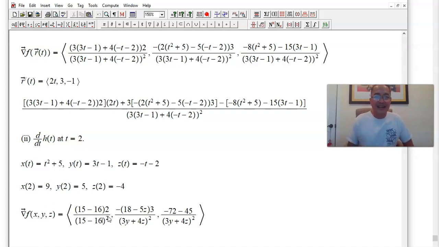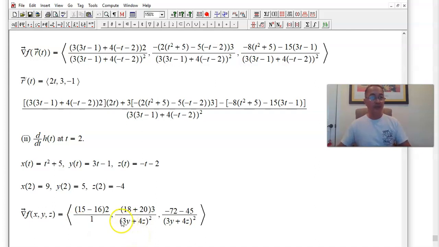I picked the numbers so that we get something nice in the denominator. So that's just negative 1 squared, which gives us 1. But there's still one more, so minus 4, that's going to be a plus 20. So everything's gone? Yep, everything's gone. So that's just going to be a positive 1.